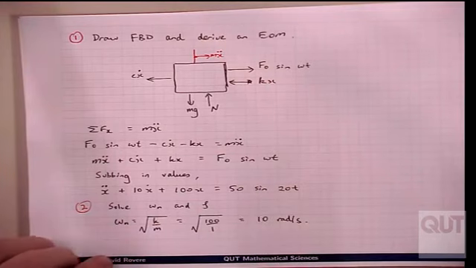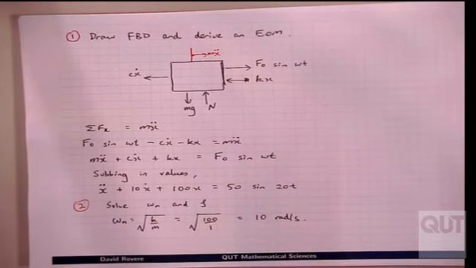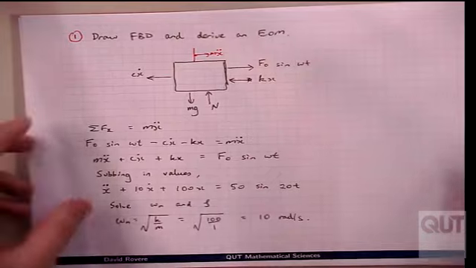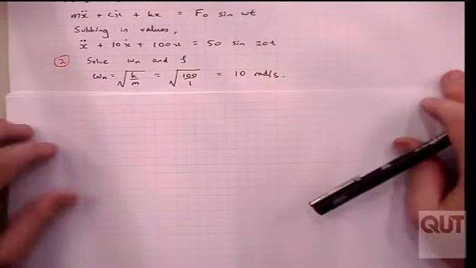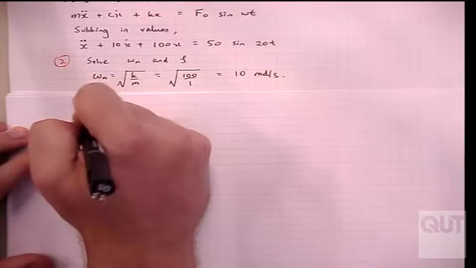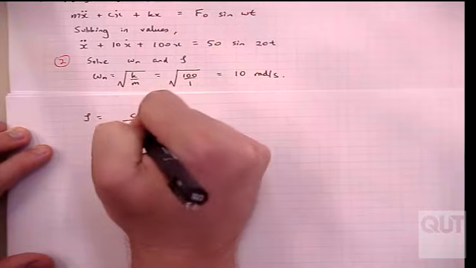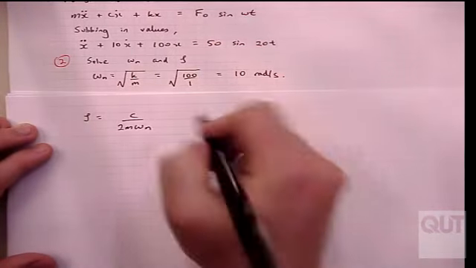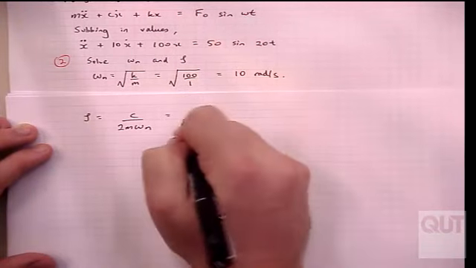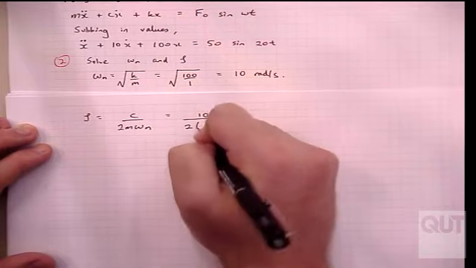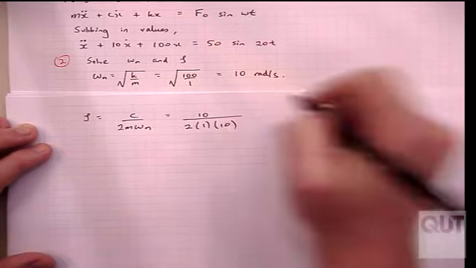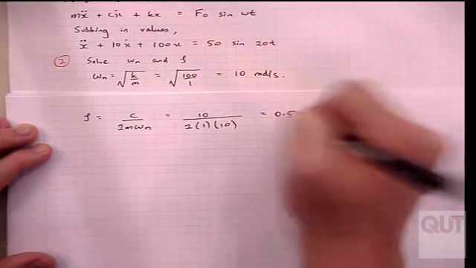The k value is 100, our mass is 1. And then our damping ratio is c over 2m omega n. When we solve that, we get 0.5.